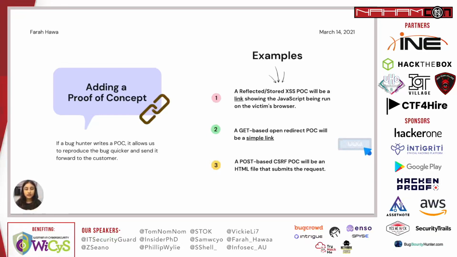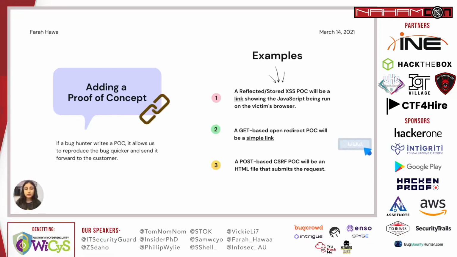Your proof of concept doesn't even need to be anything really complicated. It can be quite simple. So let's look at these examples. A reflected or stored XSS POC can simply be a link that, once the triager clicks on it, shows that the JavaScript is being run on the victim's browser. Another example is using a link for a GET-based open redirect POC, where again, if the triager clicks on it, they just get redirected to the attacker-controlled domain.